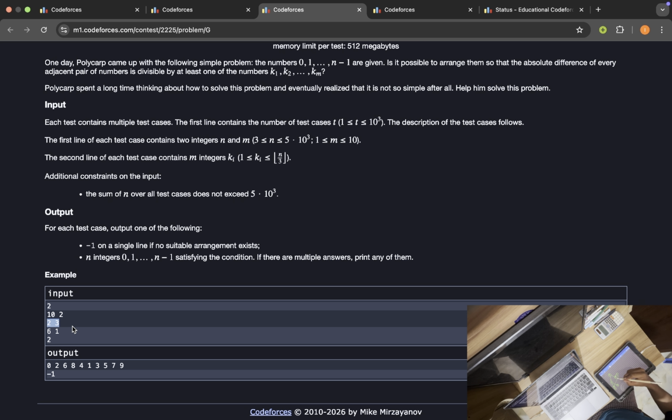Then 3 can pair up with 5 or 6. 4 can pair up with 6 or 7.